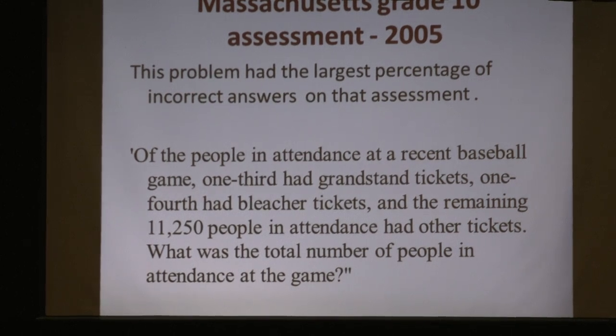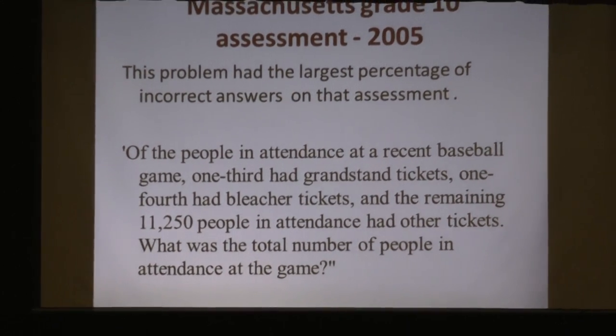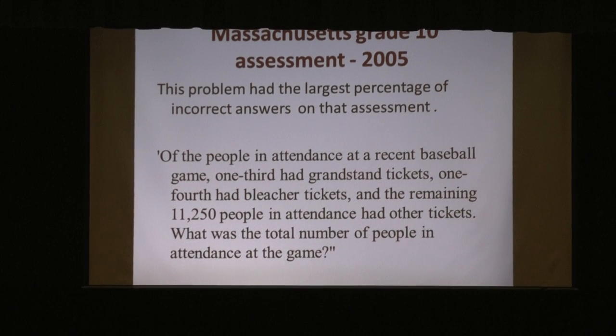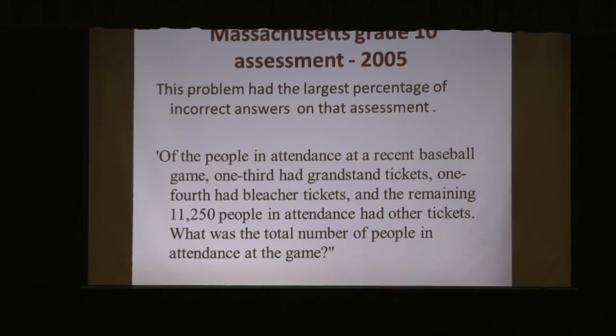So the rest of the story about this problem, by the way, is it was in the Boston Globe in September 2005. I'm sitting in my living room drinking my coffee, reading the Boston Globe. This is an article on the front page about MCAS. And it had the easiest and hardest math problem and English problem, easiest and hardest defined by most correct, most incorrect. And this was the hardest. So I just learned how to do these diagrams on PowerPoint.